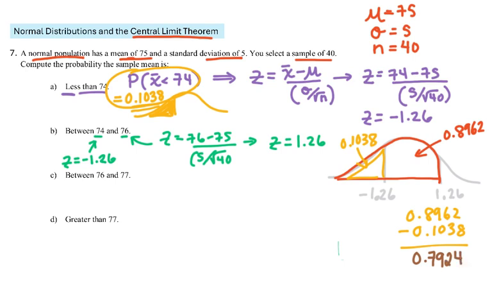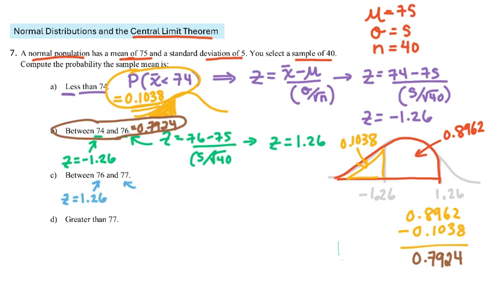So the probability that we are between 74 and 76 is 0.7924, 79.24% of the area.